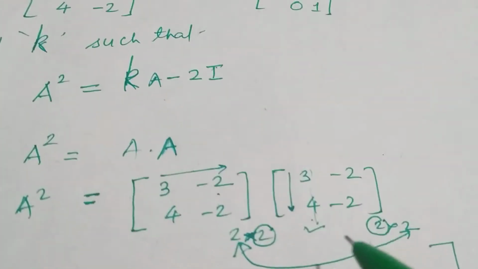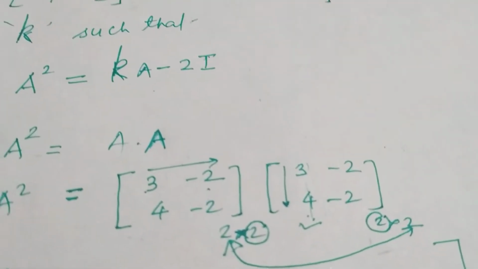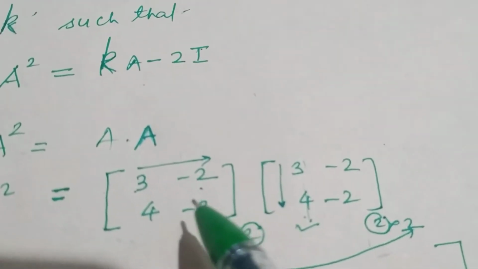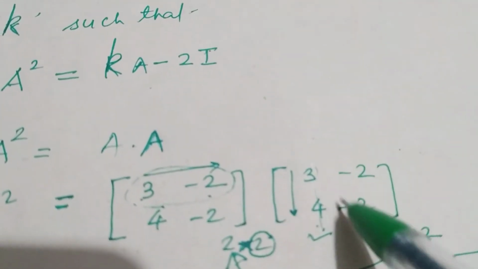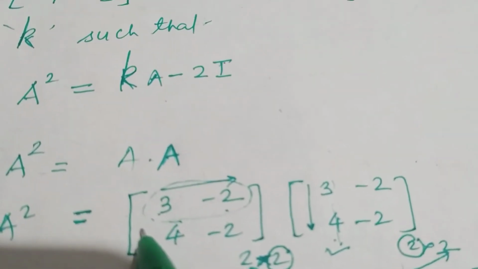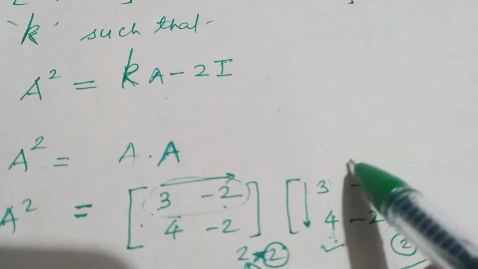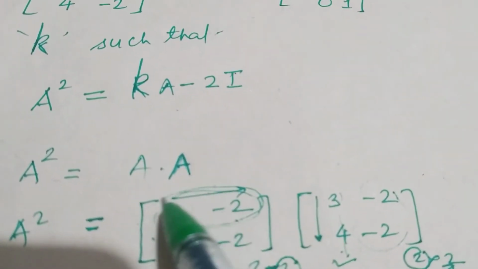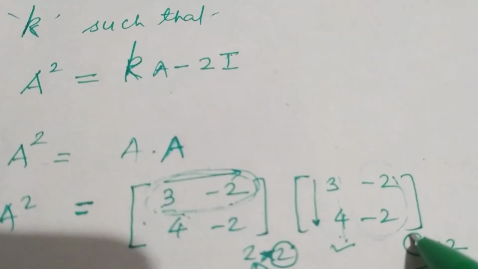In the same way, for the first row, second column element, we multiply the first row of the first matrix with the second column of the second matrix.